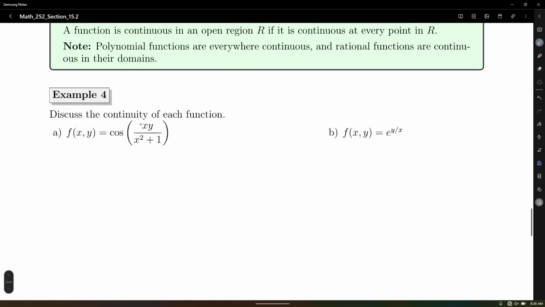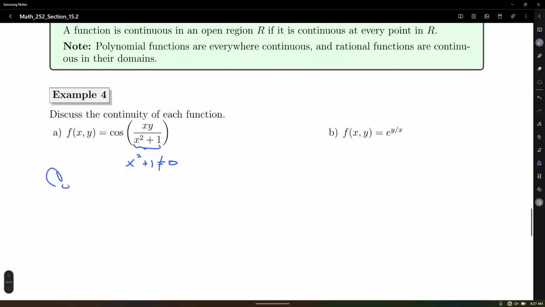Now we need to have a look at the inside, at the angle. Notice we have variables in the denominator, x squared plus 1. However, is x squared plus 1 ever 0? Never. If you try to solve the quadratic equation, that's going to give you imaginary numbers, not real numbers.